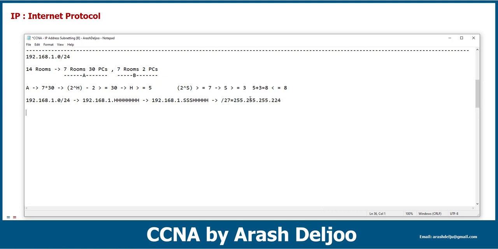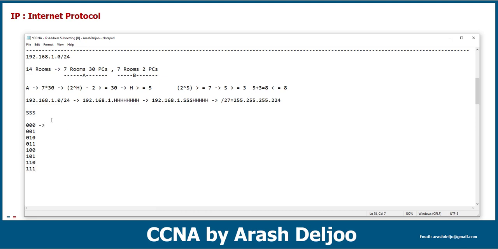Let me design these networks. With these 3 subnet bits, we can create 8 states: 000, 001, 010, 011, 100, 101, 110, 111.